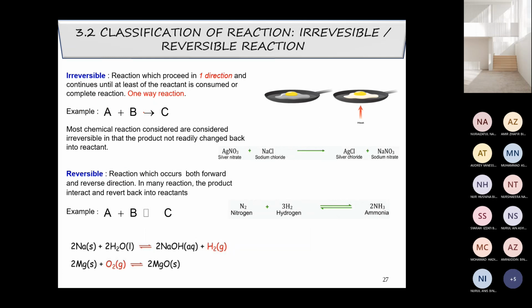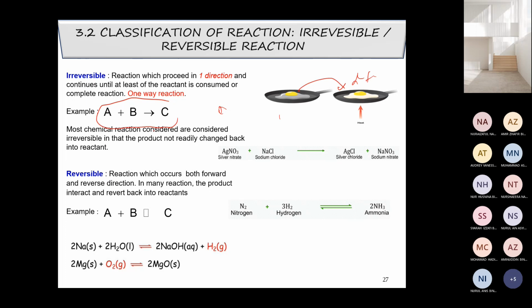Okay, so this one is a classification of reaction, whether it is irreversible ataupun reversible. For example, untuk A plus B is equal to C, this is a one way reaction. The C will not become A and B back. Contohnya you masak an egg, and then bila you masak, you akan dapat different kind of product.